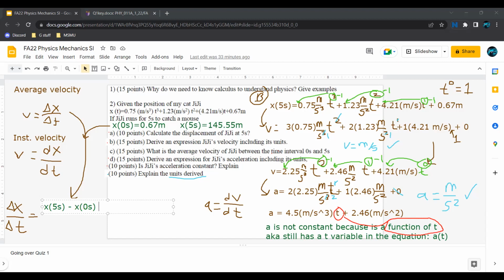Then that becomes 145.55 meters. Note that you could have or might have rounded here before changing it. That's valid, but I like to do things unrounded just to prevent any rounding errors.